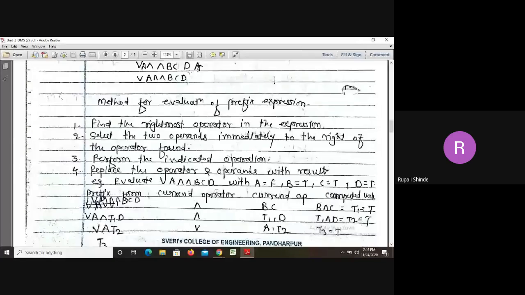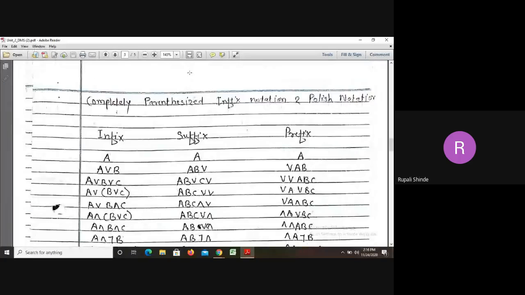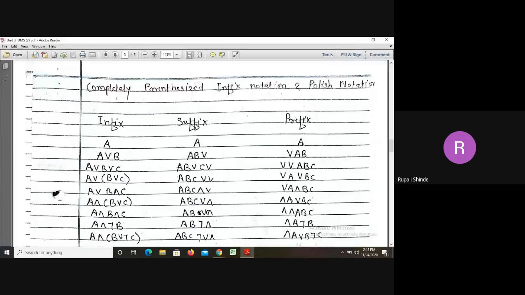Here they have given some examples, and from them we have to find the infix, prefix, and suffix notation. First we will see the column for infix, then we will convert the given infix into suffix and prefix form. Consider the first example.